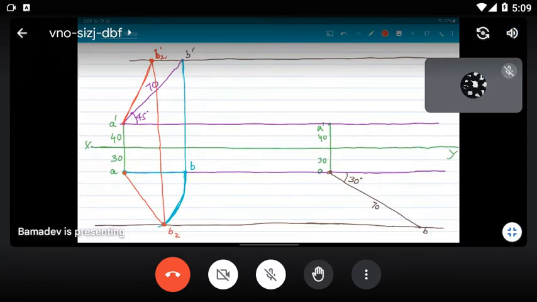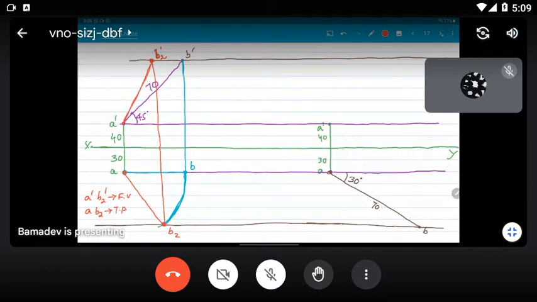Here A dash B2 dash is the actual front view and B2 is the actual top view.